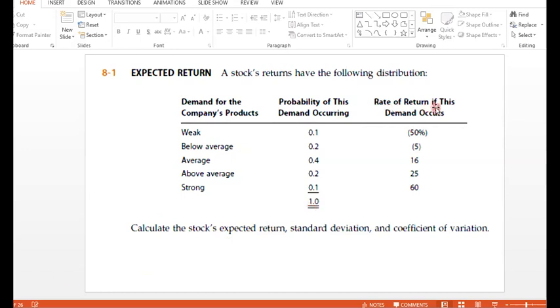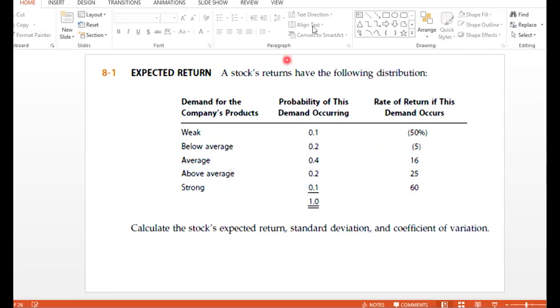Here are the rates of return if this demand occurs. If the economy is weak, the company gets a 50% loss, a 5% loss if the economy is below average, 16% in case of average demand, 25% in case of above average demand, and if the demand is strong, the return would be 60%.